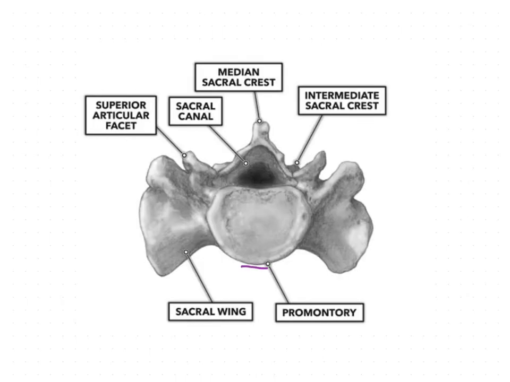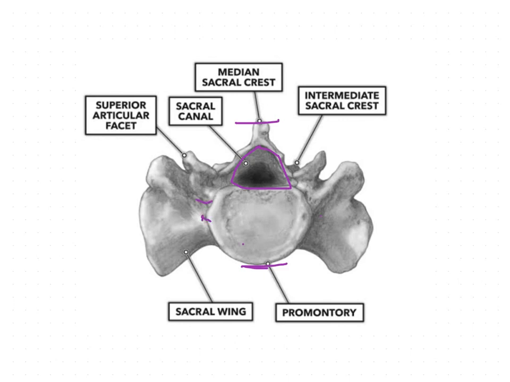This is the anterior aspect, that is the pelvic surface, and this one is the posterior surface. So here you can see the sacral canal, which is continuous with that of the vertebral canal. This is the body here, and these are the transverse processes.